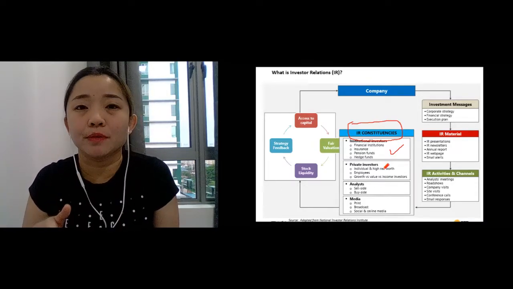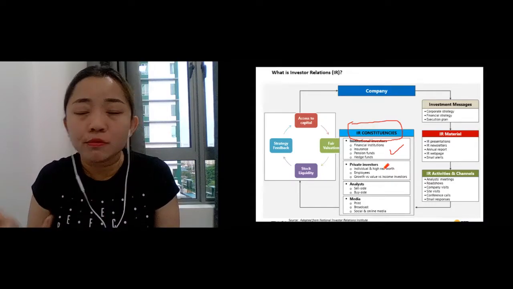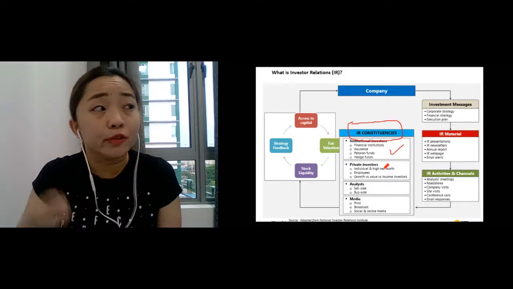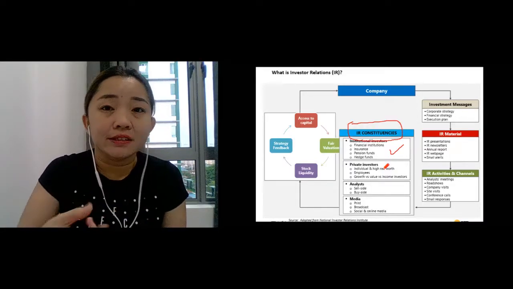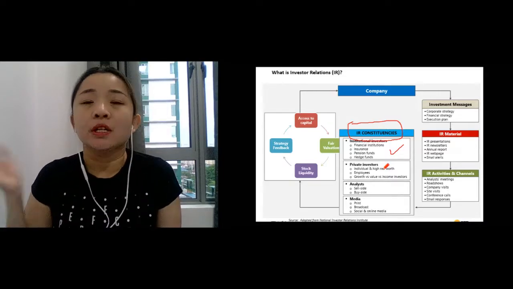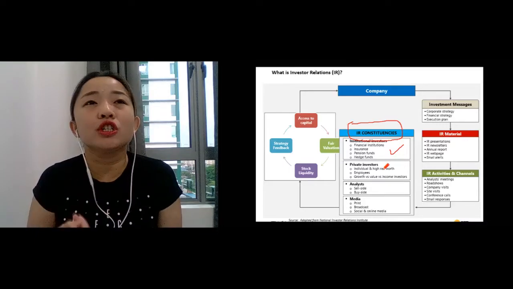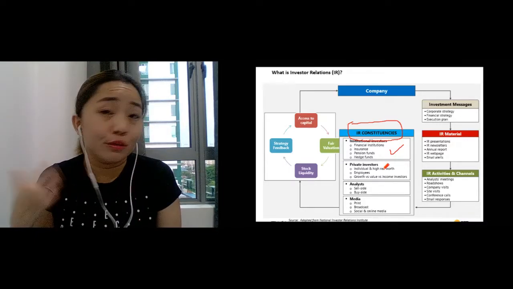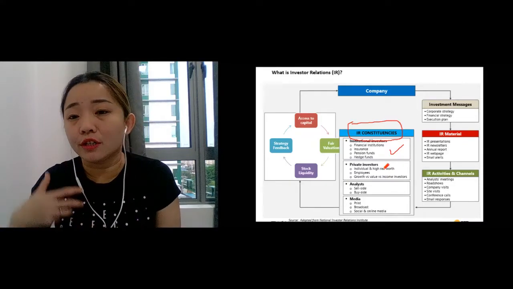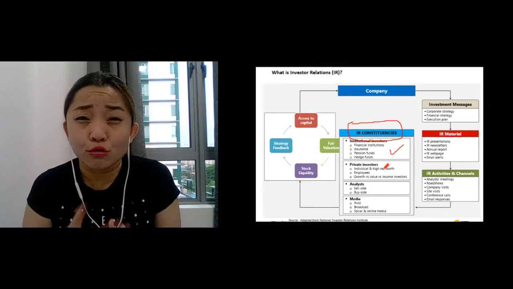Like an insurance company: when you buy insurance from, say, Prudential, Prudential will have your money, and with your money they invest into businesses, and when they gain they give you a little bit in return. So these are institutional investors. Imagine if Prudential buys the shares of your company, I'm sure they will buy in big bulk. So those are some of the main people that investor relations officers usually work with.